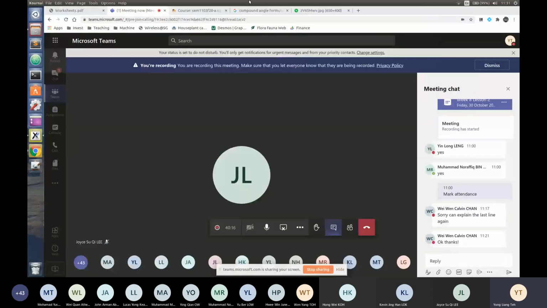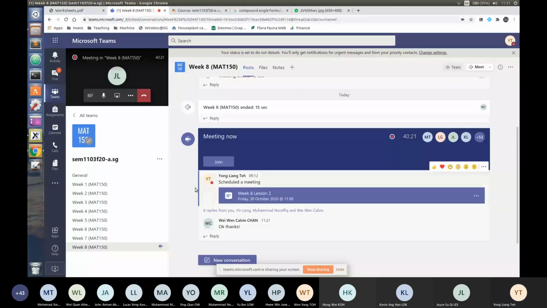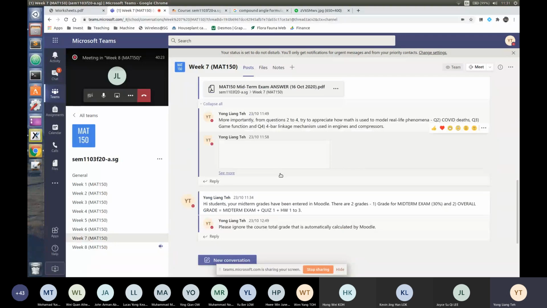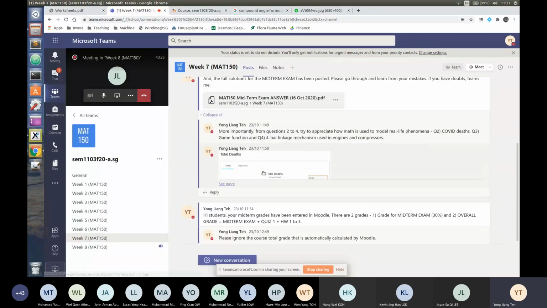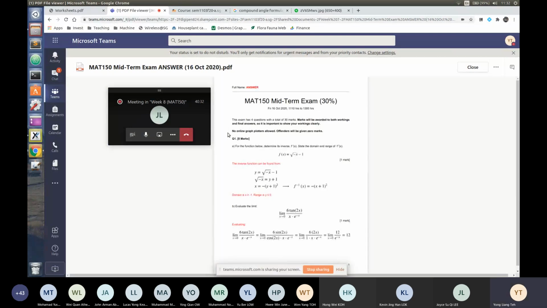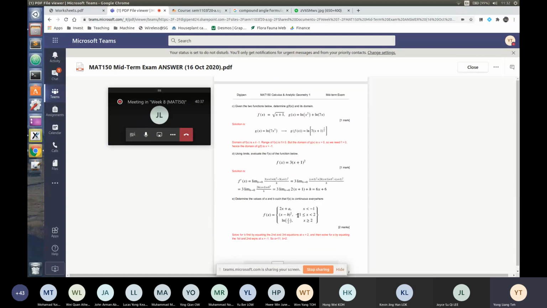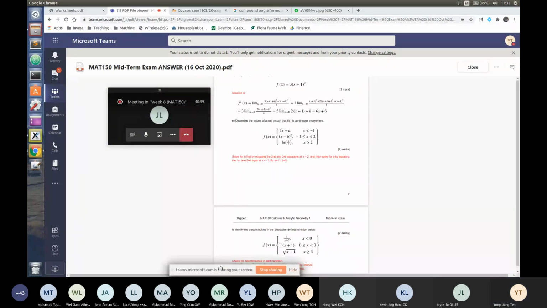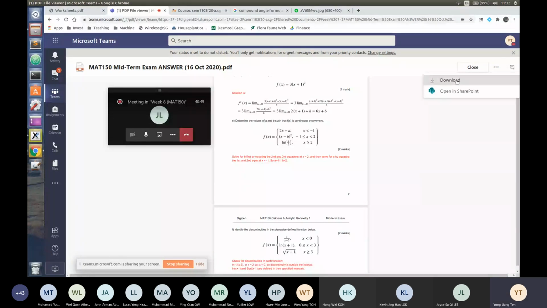For example, in your midterm, let me just get your midterm out. You can see here, in your midterm, let me just increase the size here. Let me just download this.